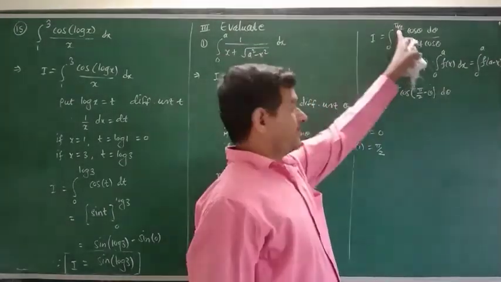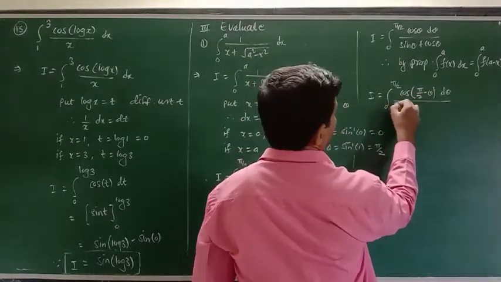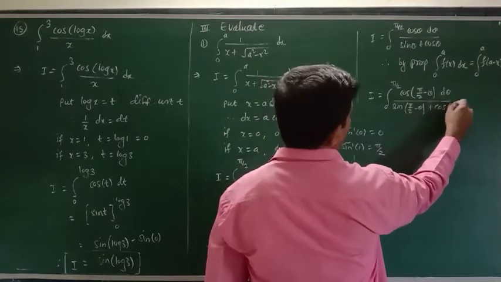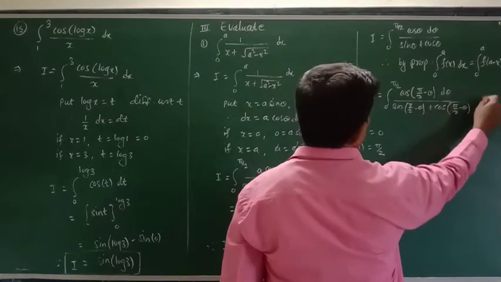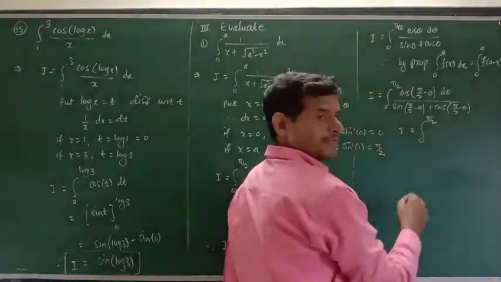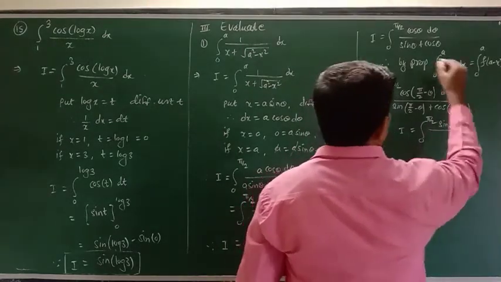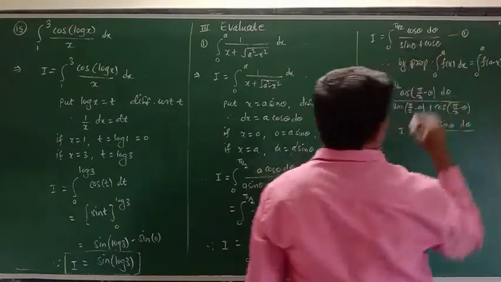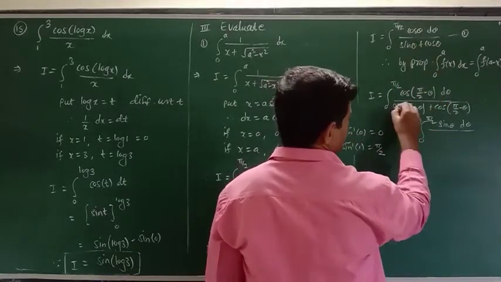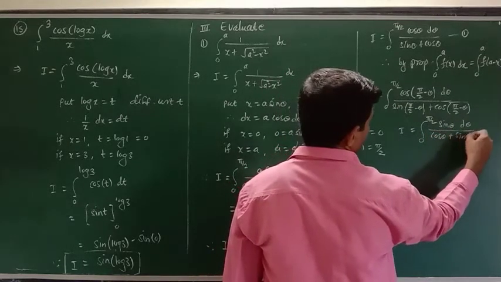So the upper limit is pi by 2. So I write theta as pi by 2 minus theta. So the integral is from 0 to pi by 2 of cos of 90 minus theta, which is sin theta, d theta, upon sin of 90 minus theta, cos theta, plus cos of 90 minus theta, sin theta.